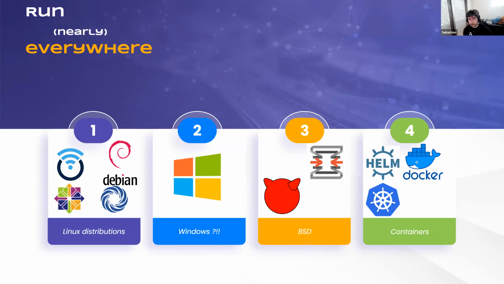Since very recently, we also have support for Windows Server, which is, at least from our perspective, something that is pretty uncommon for open source security software. We also run on various BSD operating systems. And of course, you can also run CrowdSec in a container, in your Kubernetes cluster, or in basically any container orchestrating system.